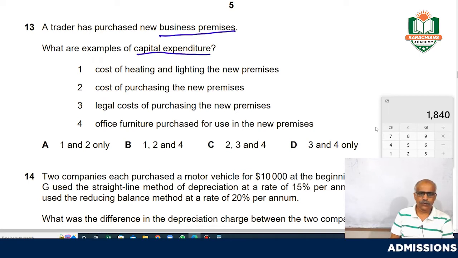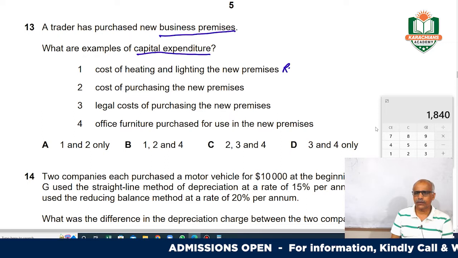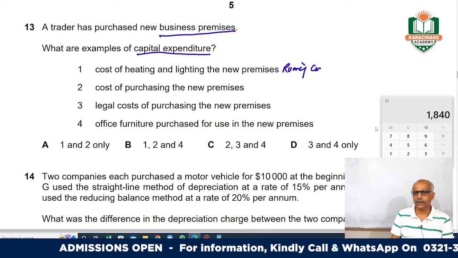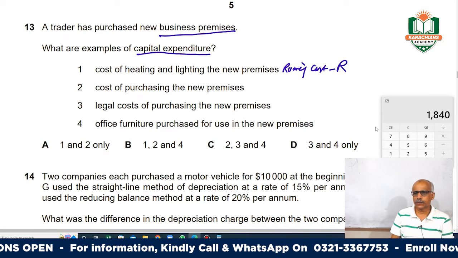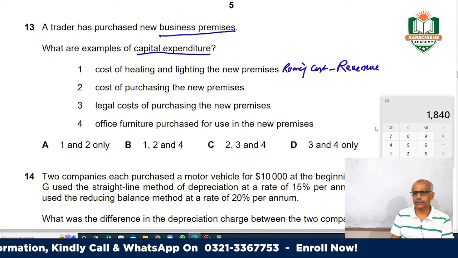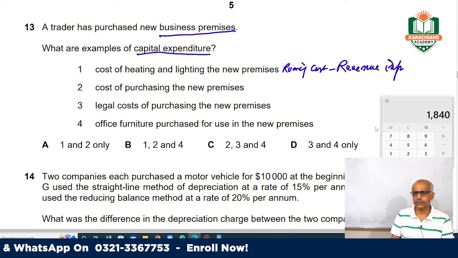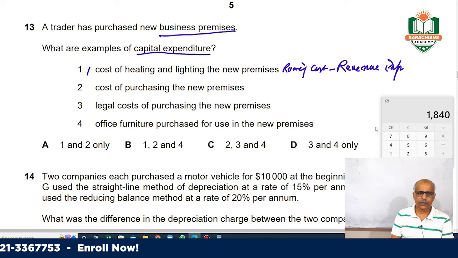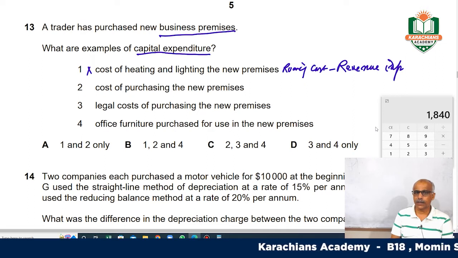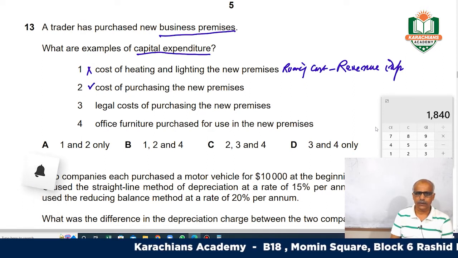Heating and lighting the new premises is a running cost, which you can say is revenue expenditure. So this one is incorrect. Cost of purchasing the equipment is capital expenditure, yes.